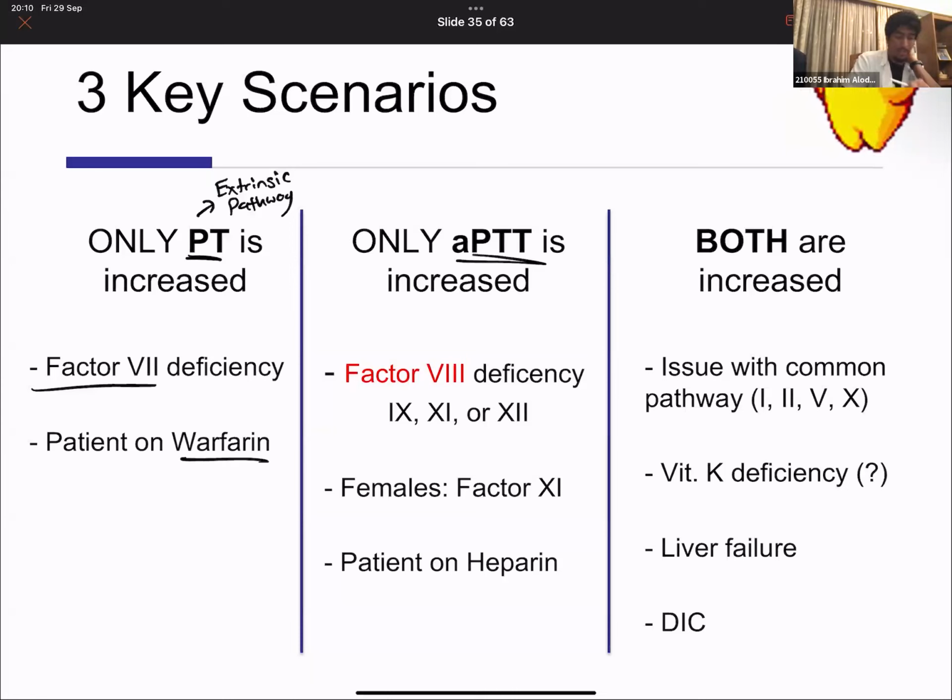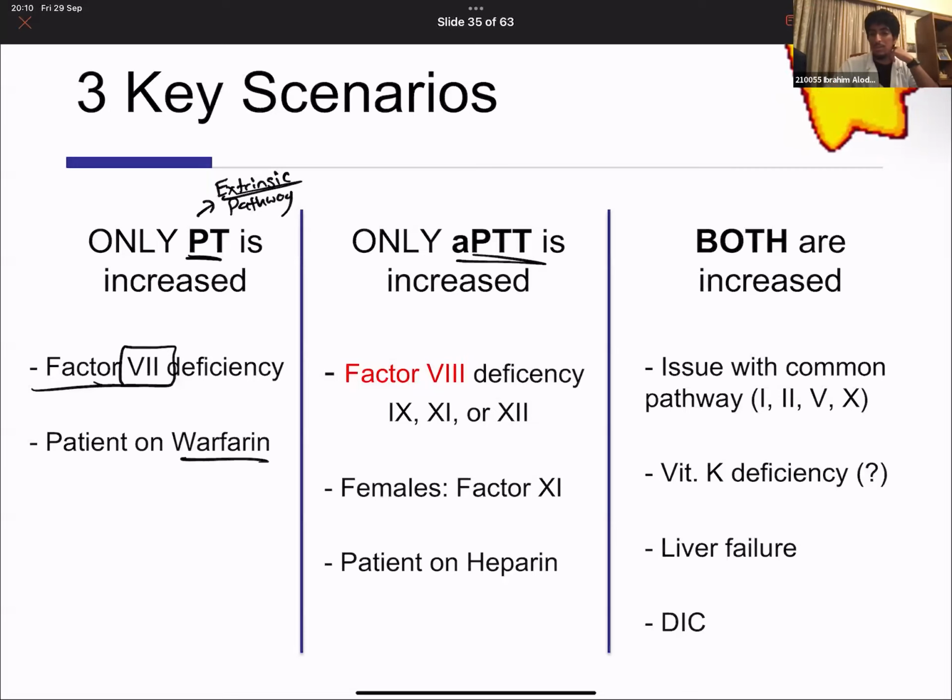Remember that PT is checking for the extrinsic pathway. What's in the extrinsic pathway? Factor 7. PT and APTT both check the common pathway too. But if only PT is prolonged, then there's an issue only with factor 7.